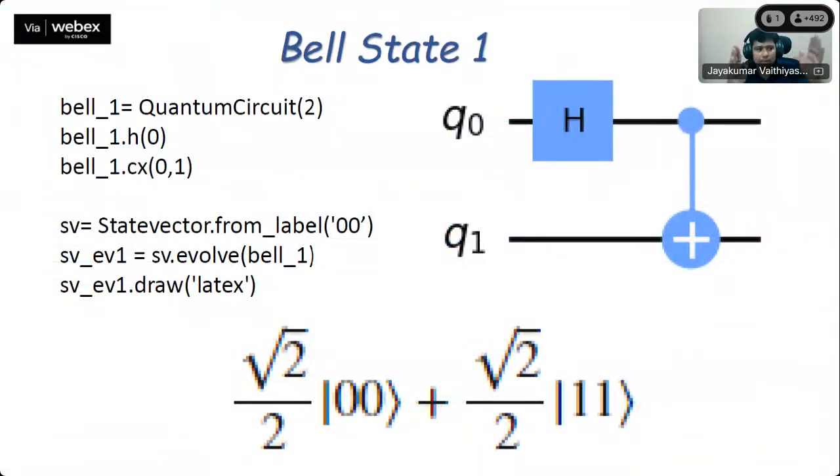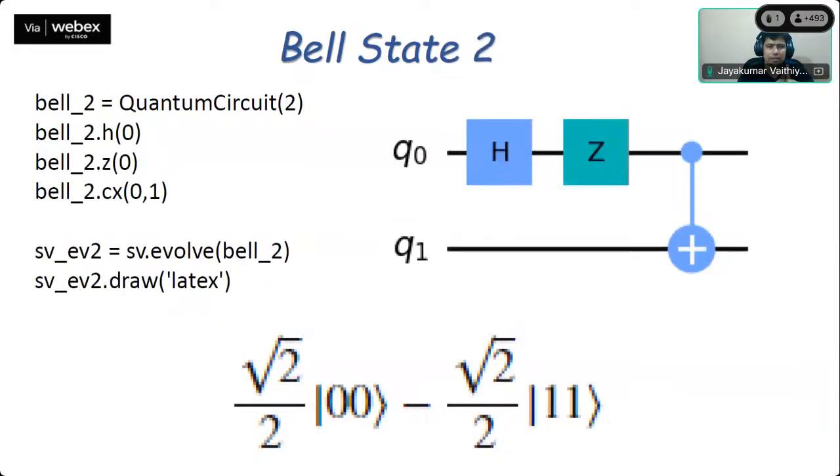So we have a Hadamard gate on Q0 followed by a control node. What is the combined state we got? State 00, state 11. Okay. Now we are adding a Z gate, either on Q0 or Q1, and you will get a phase flip.